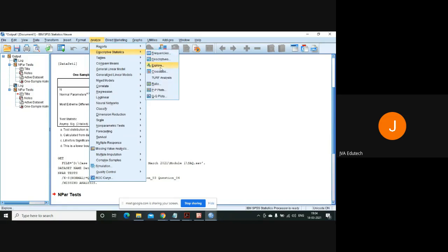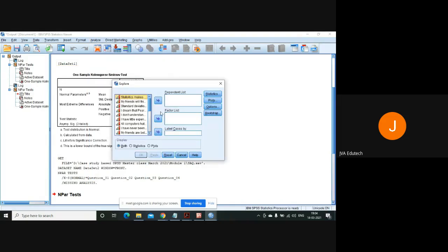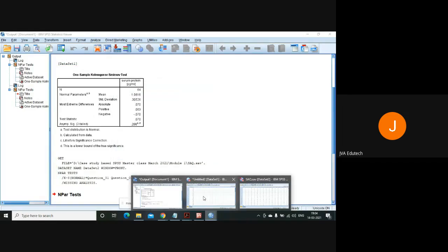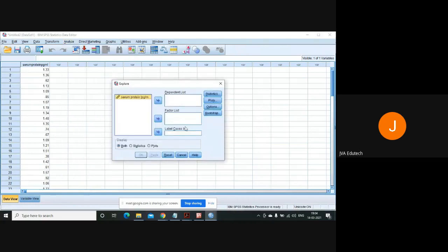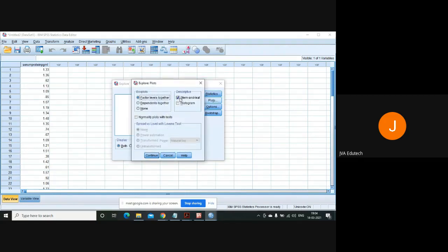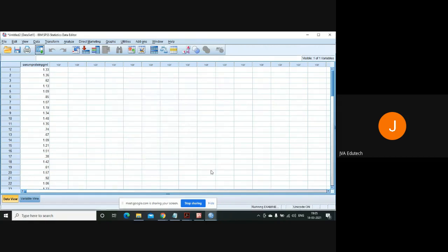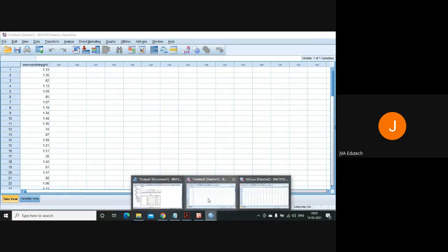So you will go to analyze, descriptive statistics, explore, select this in the dependent list, go to the plots, stem and leaf, be it there, select normality plot with test, click on continue. Okay, it will give you an output.